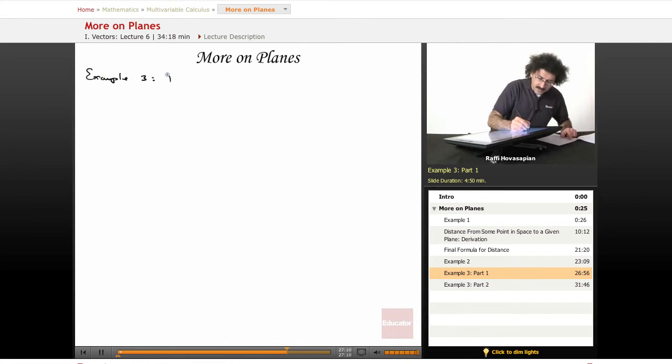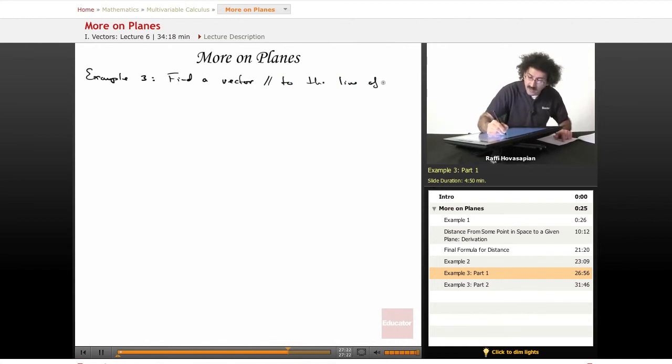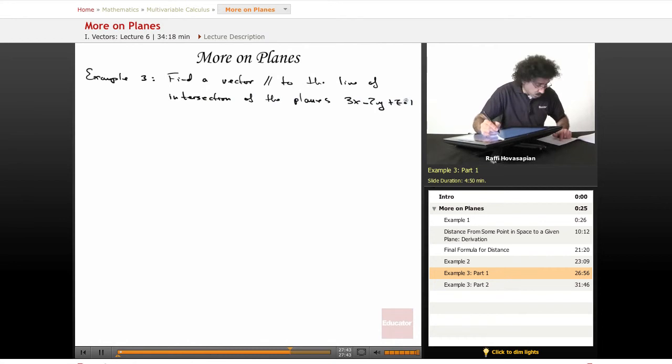Example 3: find a vector parallel to the line of intersection of the planes 3x minus 2y plus z equals 1 and 2x plus 2y minus 2z equals 2.